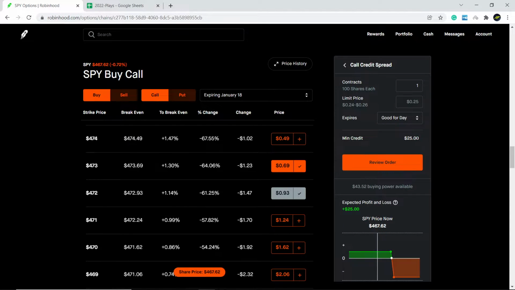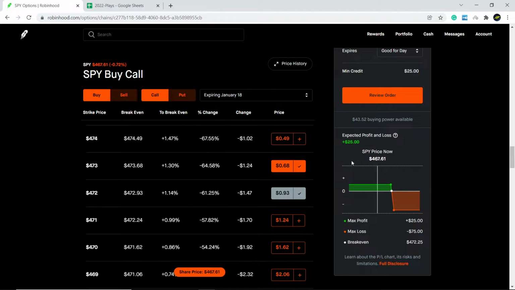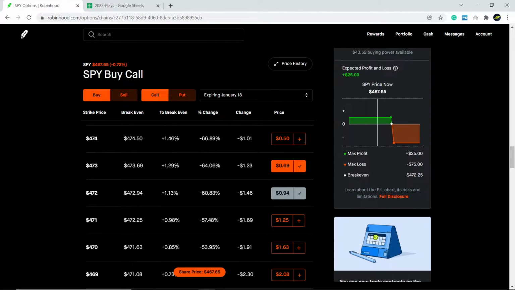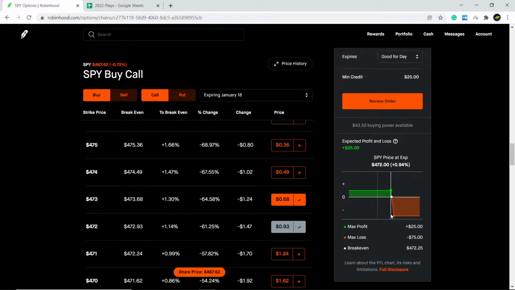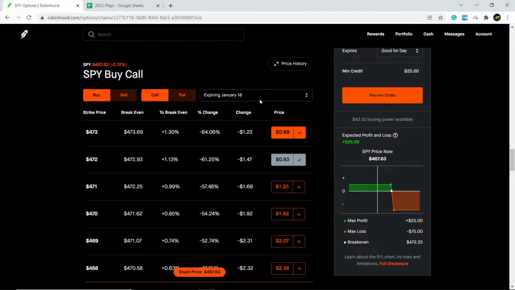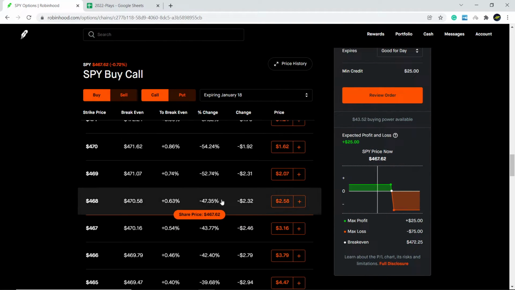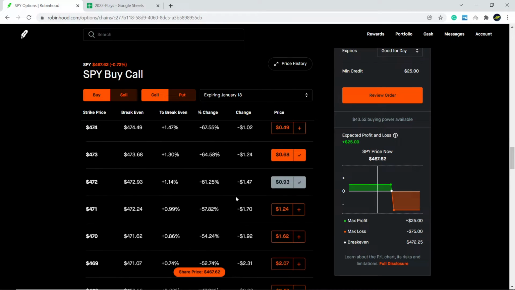So when you do that, it executes, and then Robinhood tells you your expected profit and loss. Right here, these are new features they added so people can understand what they're doing when they're buying options contracts and such.